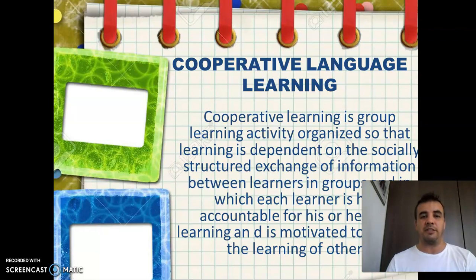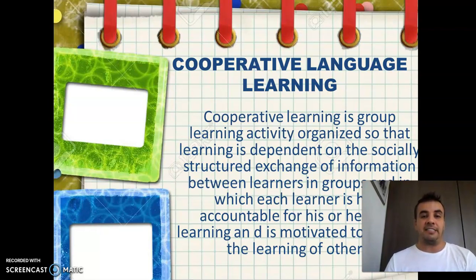The group is essential in this aspect because each student has the ability to understand many things about different topics.